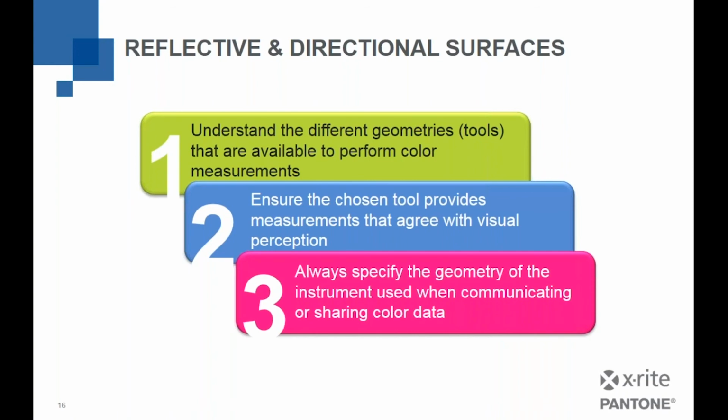Specify the geometry of the instrument and maybe even specify the orientation of the instrument to the sample, so that one person isn't measuring it in one orientation and somebody else has got the sample rotated 90 degrees and measuring it, and they're getting differences that aren't the way that it should be compared. An example of that is in the automotive industry.